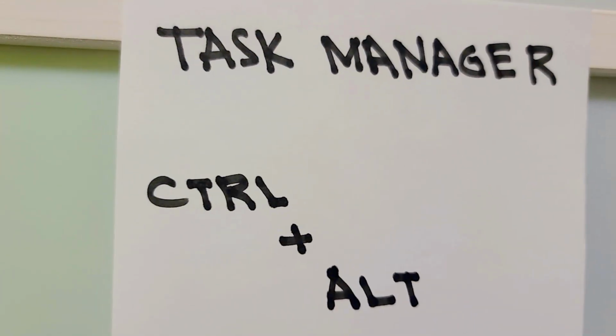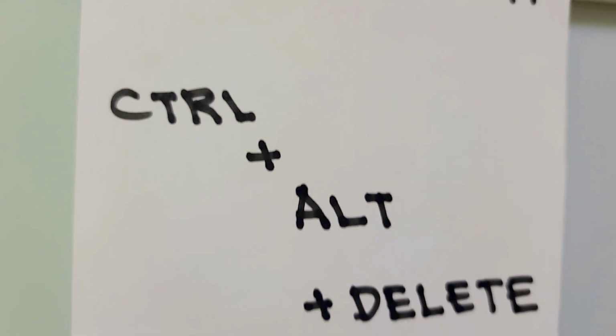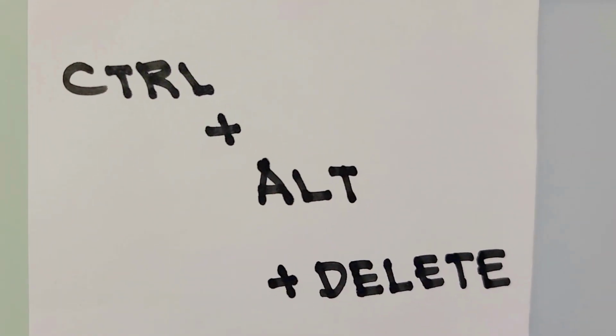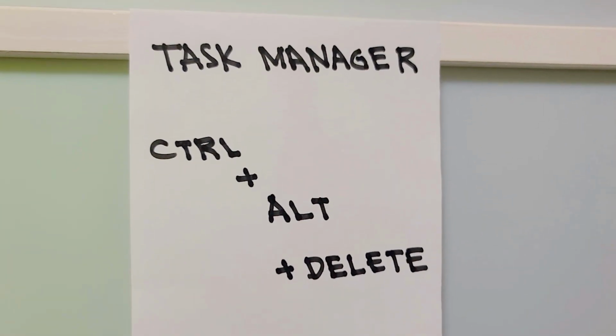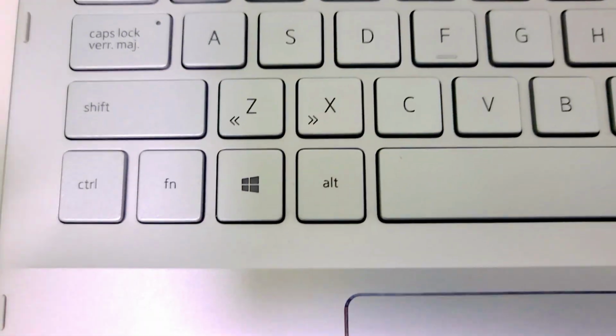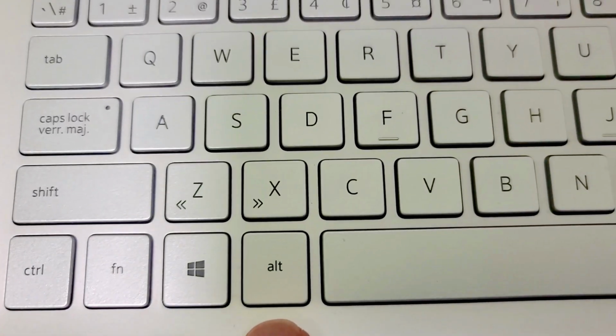To access the Task Manager, what you can do is press the Control, the Alt, and Delete on your keyboard. On the keyboard, you will see there's a Control here and there's an Alt.